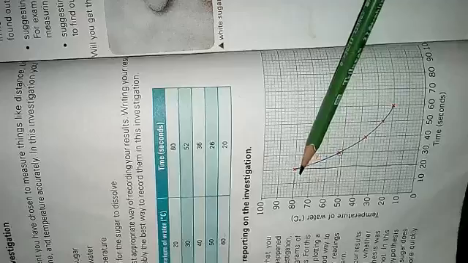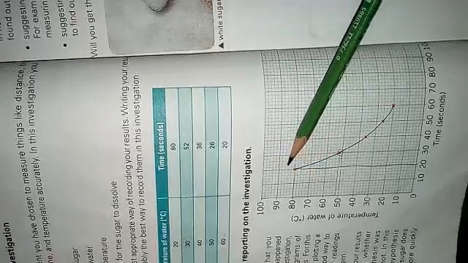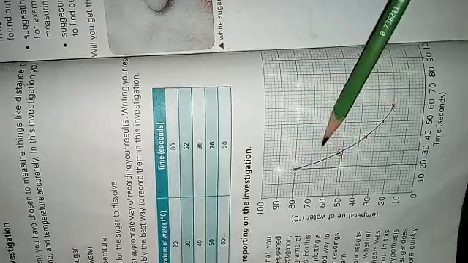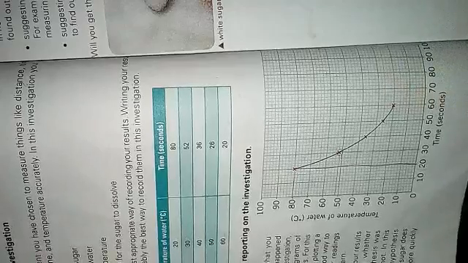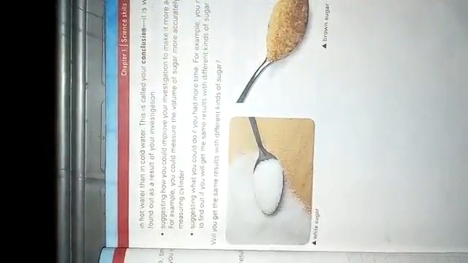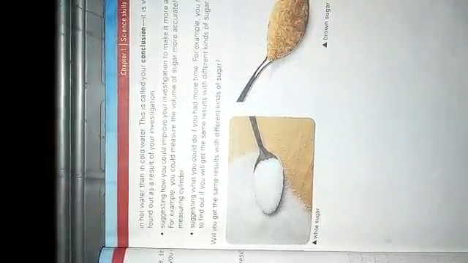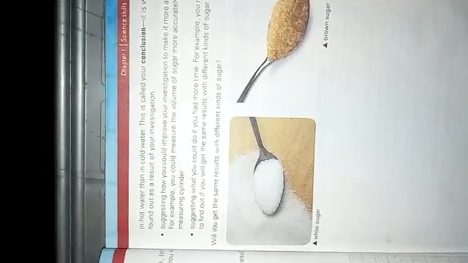And this graph shows that when temperature is very high, meaning water is hot, the sugar dissolves more quickly. And when water is cold, the sugar dissolves slowly. This is called your conclusion. It is what you found out as a result of your investigation. And the result in the form of a graph which we get is called the conclusion of our investigation.